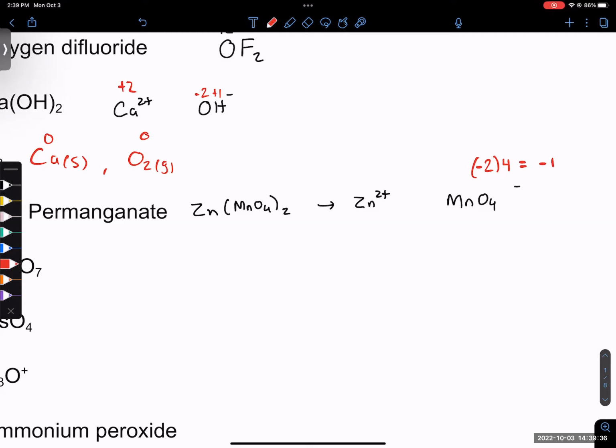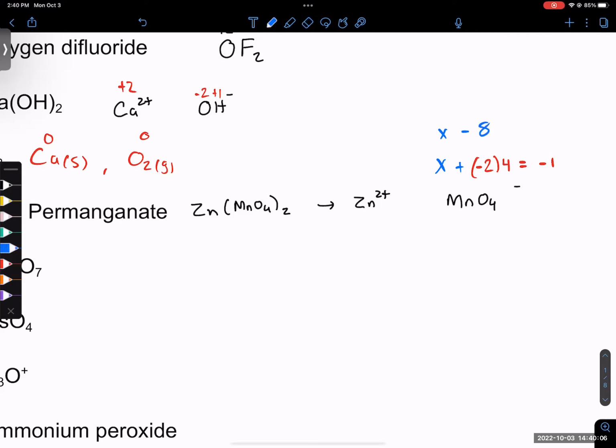And we have 1 manganese in here. We don't know what the charge on manganese is, so we're going to put it as X, but we do know that the sum of this has to equal -1. So if we just do basic algebra, we can say X plus, if we multiply the -2 times 4, we get -8.